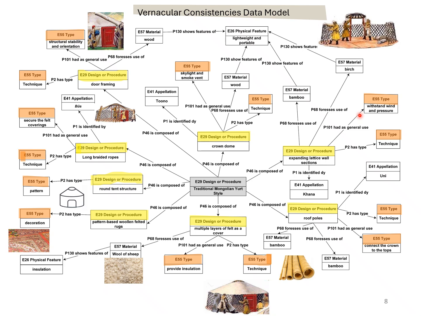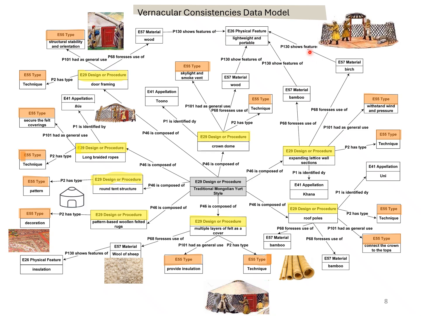Each instance of the class E29 design or procedure classified as technique is linked through the property P68 foresees use of to one or more instances of the class E55 material in order to indicate the materials involved in the technique. Furthermore, to document specific characteristics of this material, the E55 material class is connected to the class E26 physical feature via the property P130 shows features of.